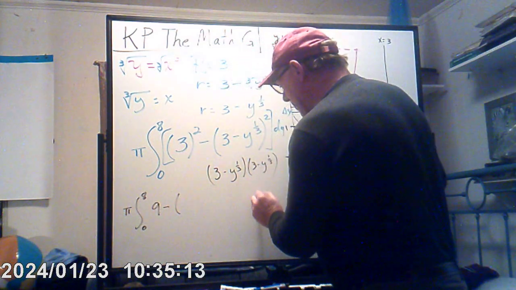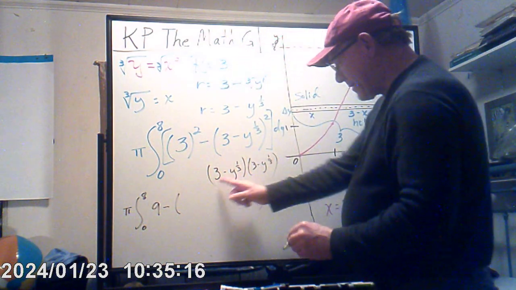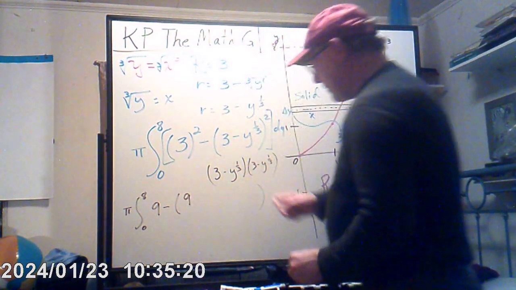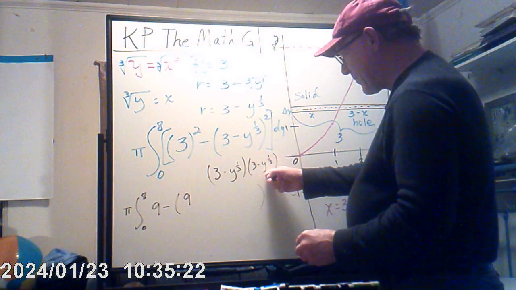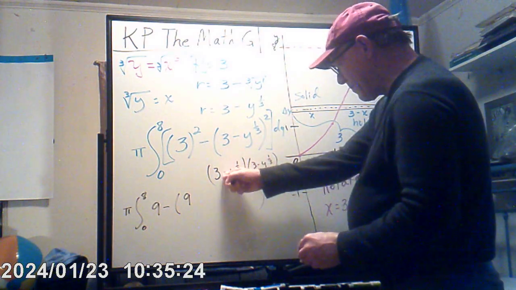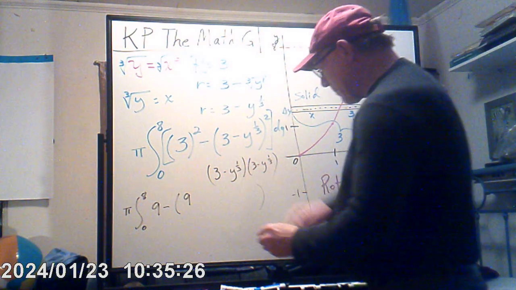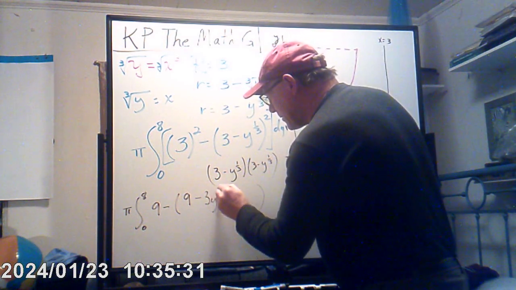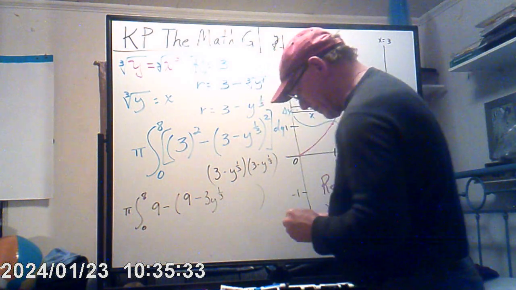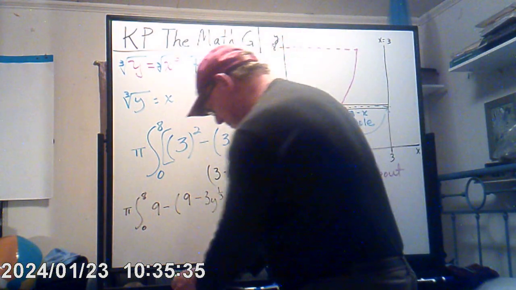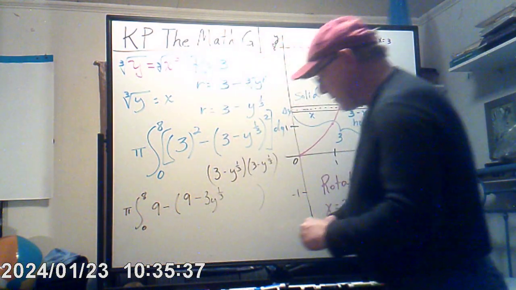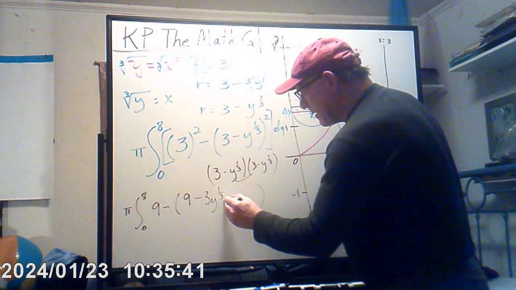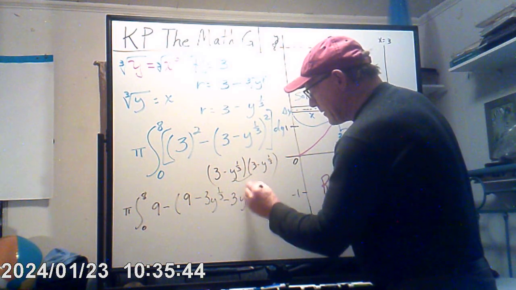Now I've got to figure out what goes in here. 3 times 3 is 9. 3 times y to the 1/3 is y to the 1/3, but that's a minus, so that's a minus 3y to the 1/3. I got another minus 3y to the 1/3.